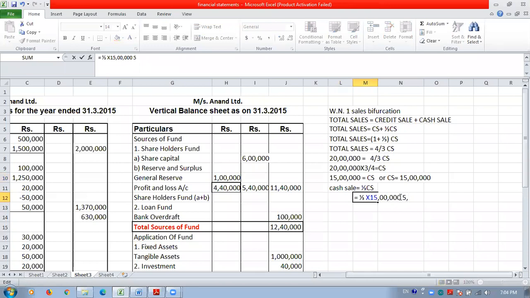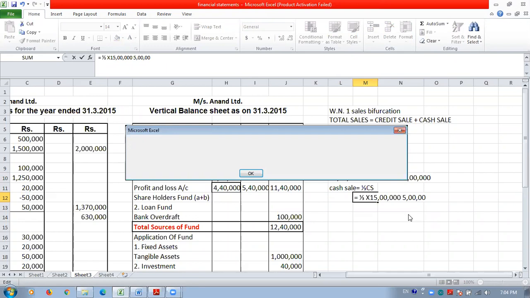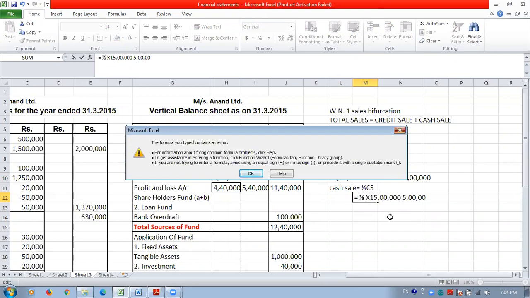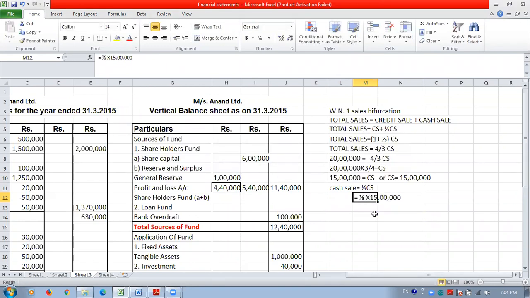So the cash sale is 5 lakhs. We have to write here cash sale is equal to 5 lakhs.